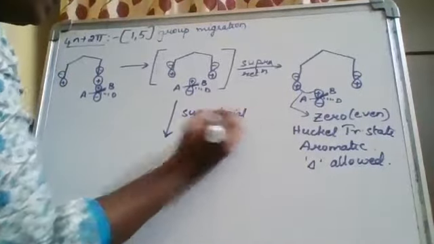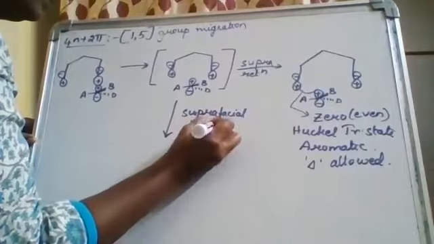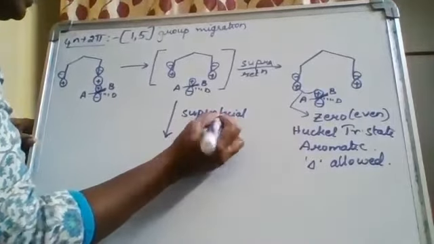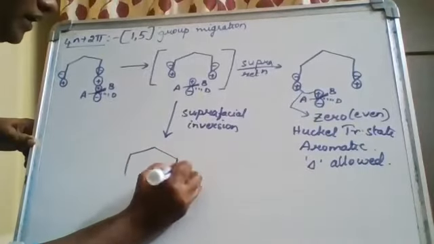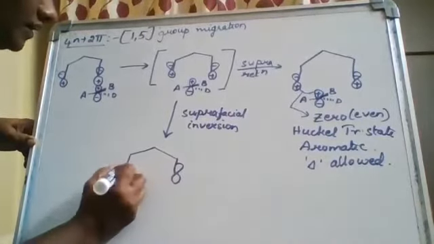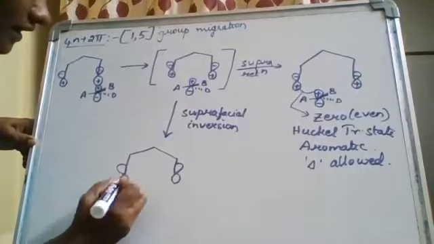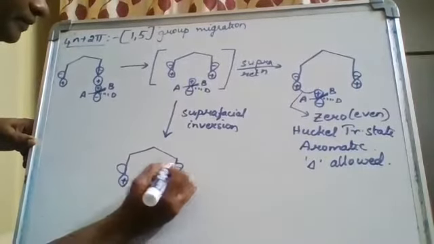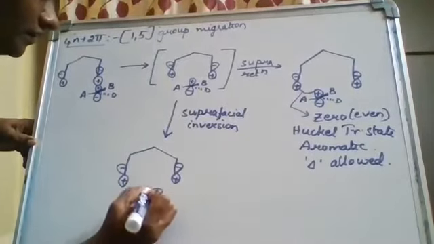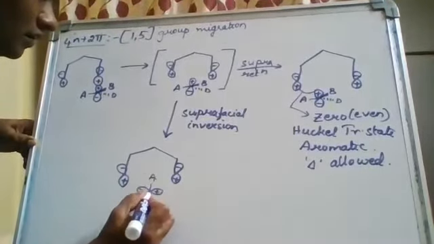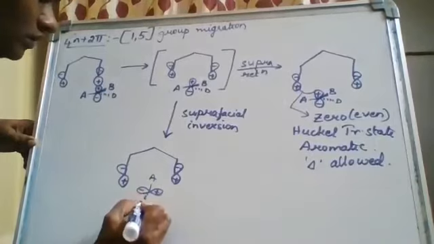Now, take the suprafacial migration with inversion of configuration. When you do inversion of configuration, rotate the molecule by a 90-degree turn. Again, take the basic set for the pentadienyl system. Rotate the molecule by a 90-degree turn. It's a chiral molecule.